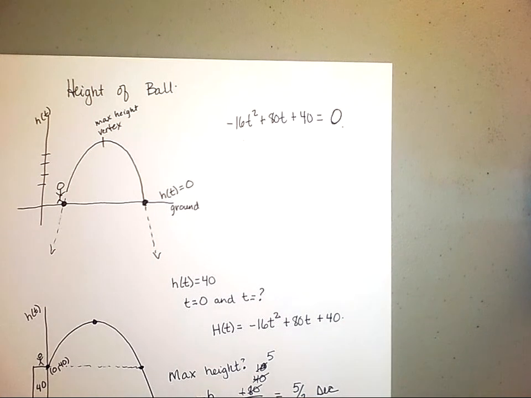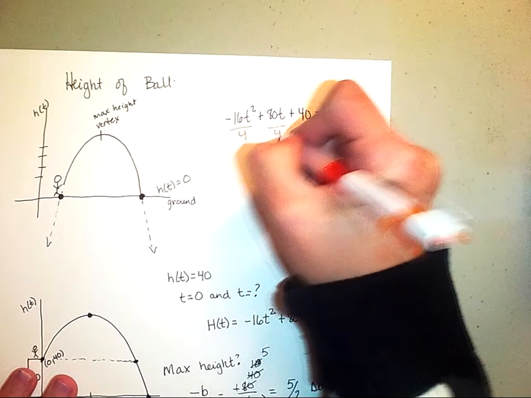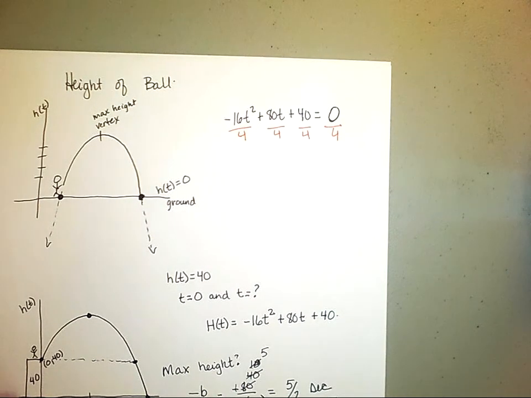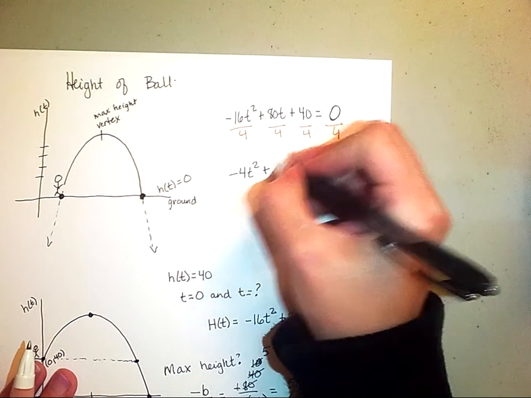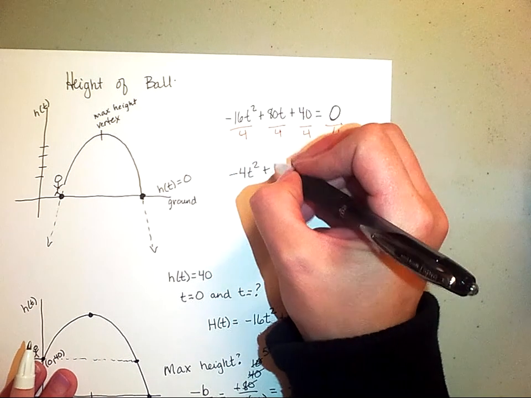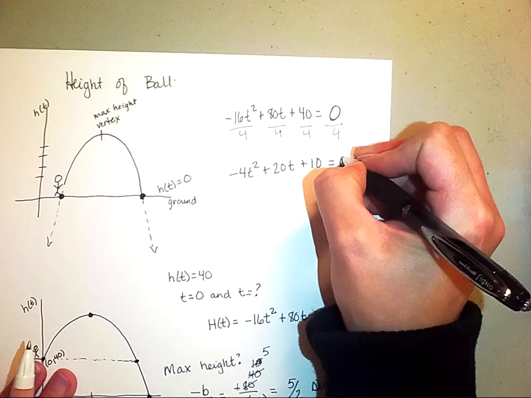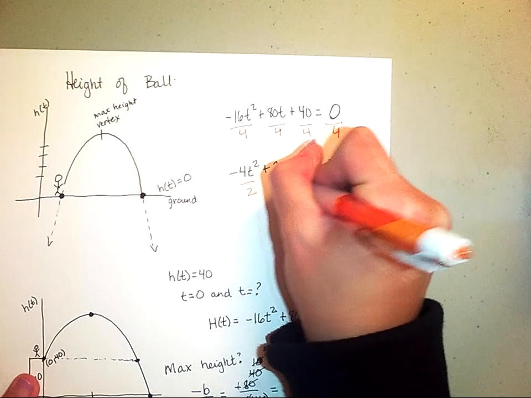Now, let's do some simplifying here, okay, before we try and attack this. There's a common multiple of 4 in all of these. There may be more. So then that becomes negative 4t squared. 4 goes in there 20 times plus 10 equals 0. And there's still a common factor of 2.